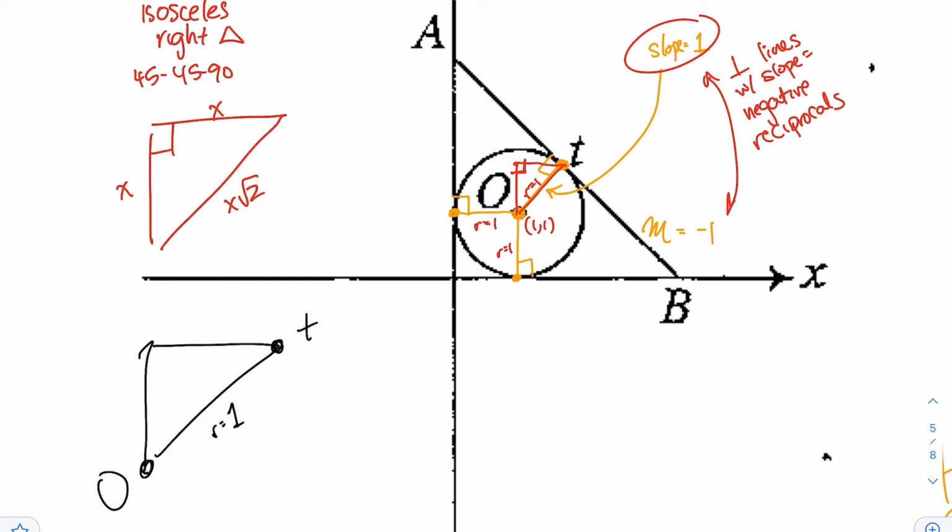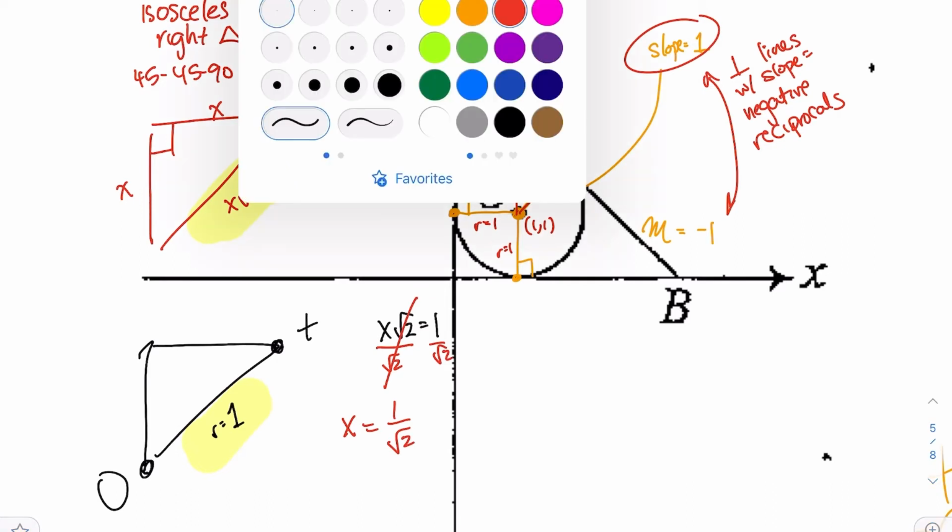So that means that x root 2 has to be equal to 1, and that's the equation that you can solve for x. To solve for x, you're going to have to divide by root 2 on both sides. So you know that x is equal to 1 over root 2, but that's actually not a rational number. Here you have to rationalize the denominator.